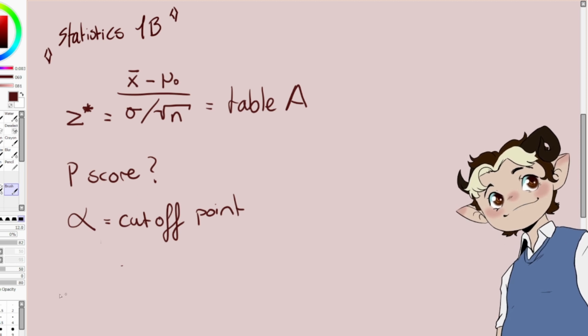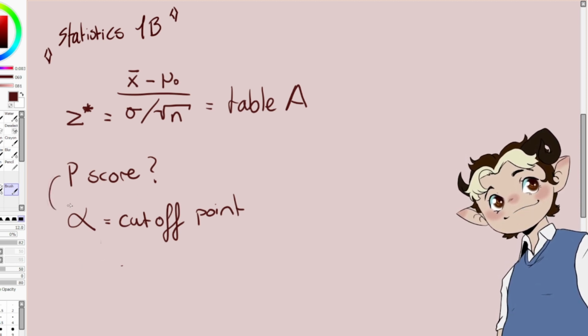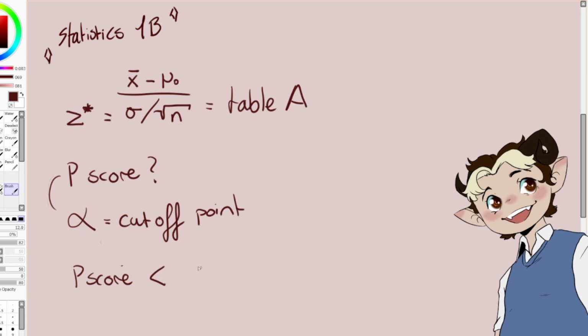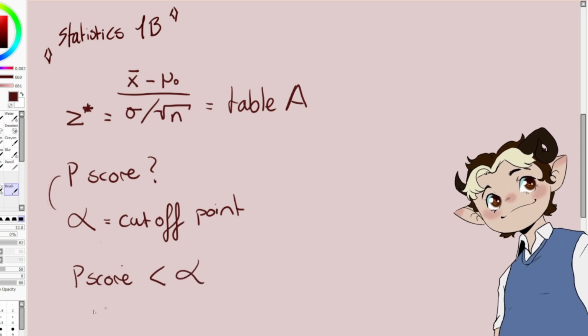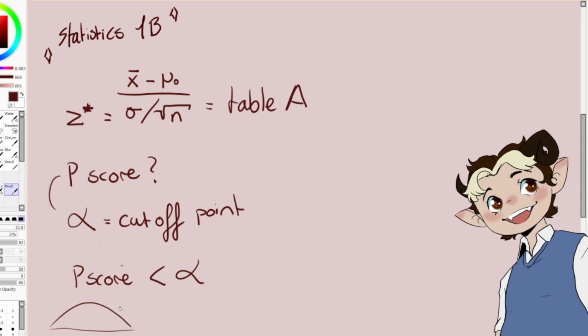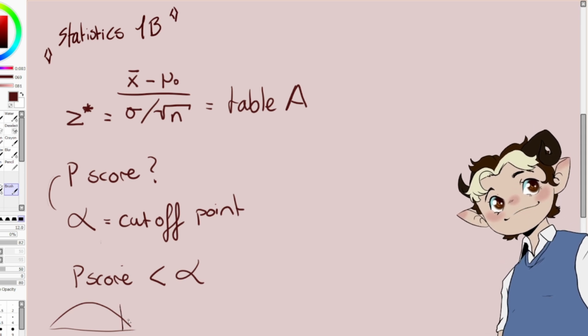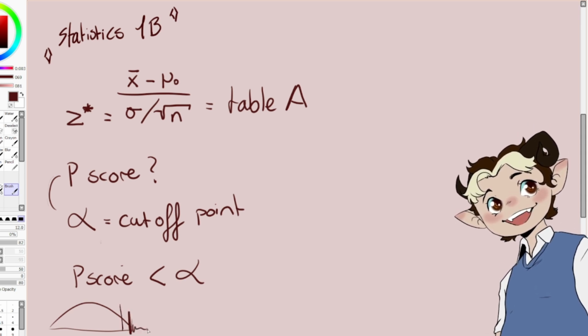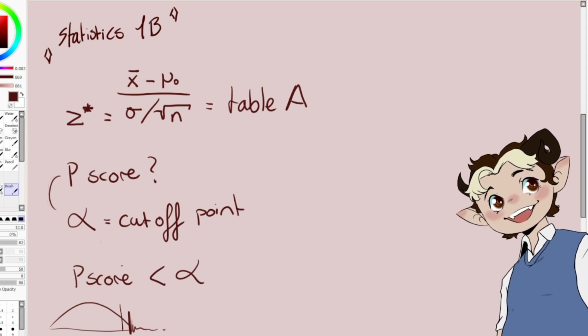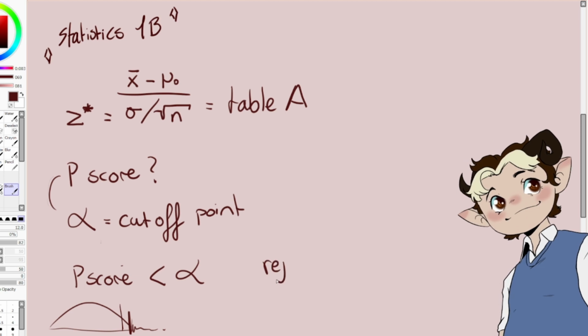What we do with our p-score is basically just compare the p-score to our alpha level. If our p-score is smaller than our alpha level, which means that in our little distribution we had our cutoff point here, but we found that our p-score is right here, so even more extreme than our alpha, we reject the null.